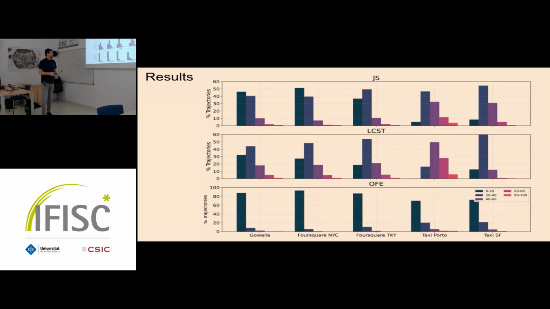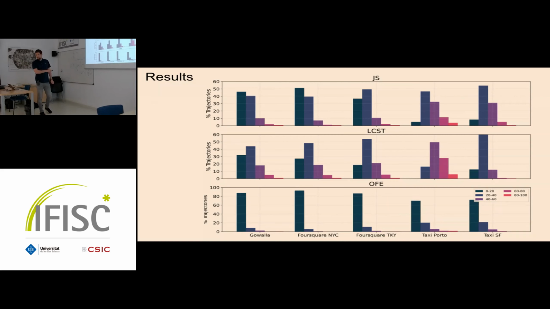As you can see, the colors and the legend say that the bars are the number of trajectories in the test set that fall in this bin of percentage overlap. The first bar, for example, contains the number of trajectories with a 0 to 20% overlap with respect to the train set, and so on. As you can see, we have two behaviors.